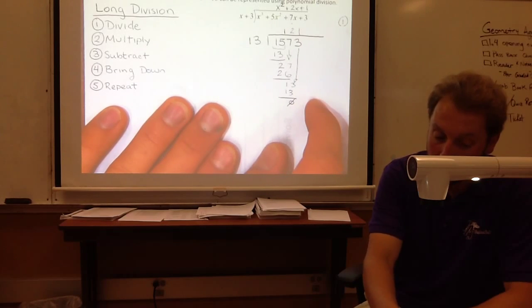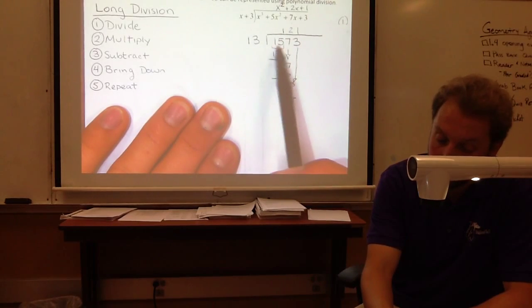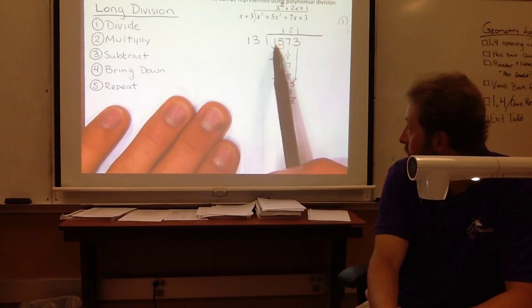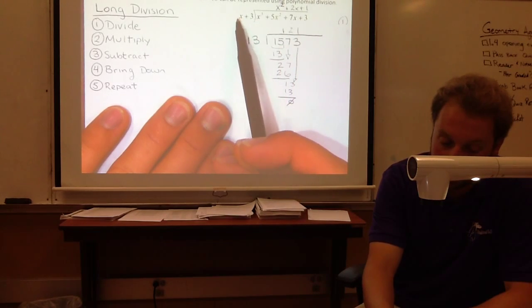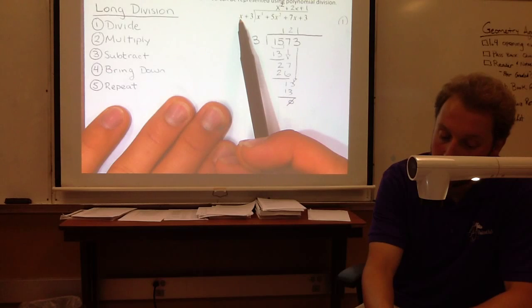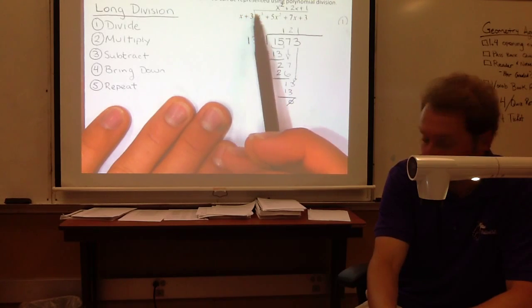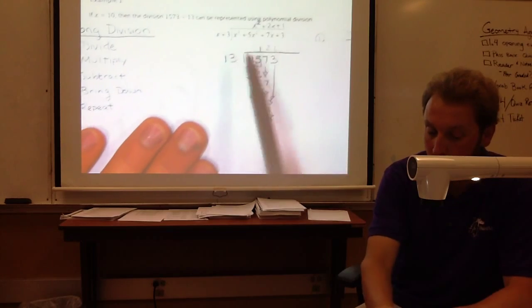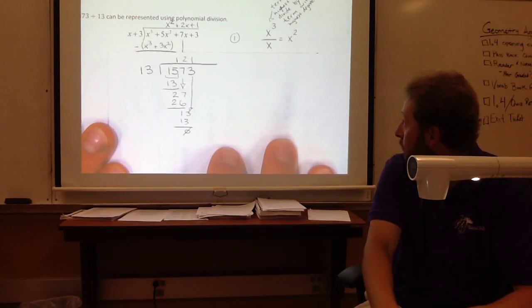Now, we're going to begin by dividing. Just like we divided by 13, we're going to take x, and we're going to take x plus 3. We're going to just take the first terms. And so we're going to divide just the first terms. And so over here, you can see that being done.